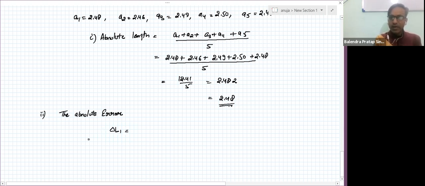It's better if I choose L1, L2, but it's okay. So the absolute error is delta A1. It's the true value minus measured value. What is the true value? 2.48. And the measured value is again 2.48. What is the error? It is 0.00. Is it clear? Yes, sir.